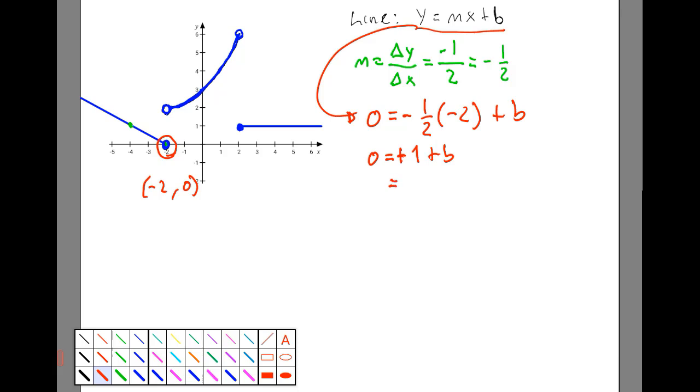So we can say that -1 equals b. Already we have the values of m and b, and that means the equation of the line is y equals m, that is -1/2, x plus b, that is -1. So here we have the equation of a line.